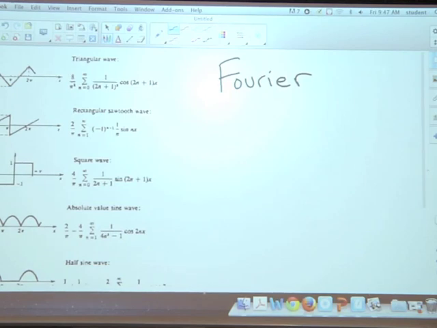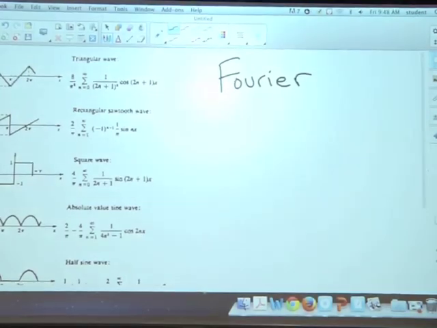But basically, a square wave is just a number of sine waves added together. To do that, yes, it would be calculus.